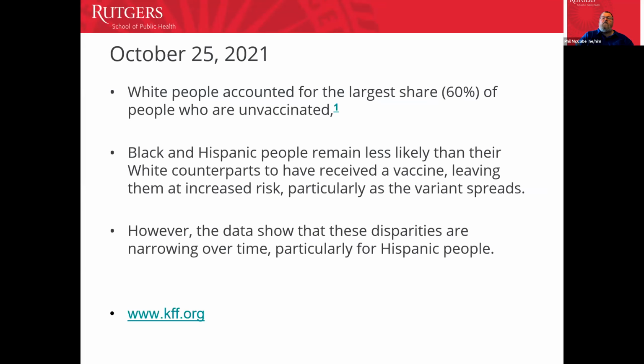But the point is, I saw on the news media that they started arranging mobile units to bring vaccine into the community, that nurses and doctors and others went into the community, and they went to churches. They went to Black and Hispanic churches and offered vaccines out in the parking lot.